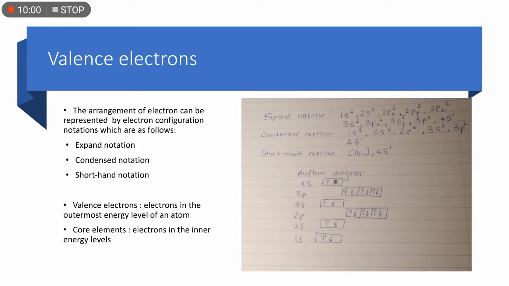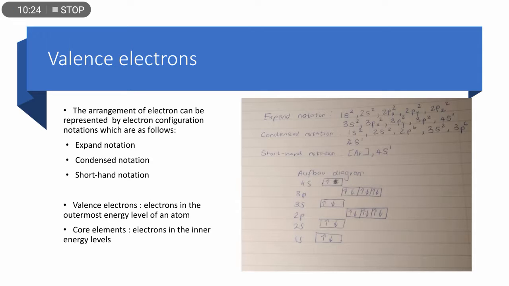Okay, as you can see, the expanded notation is more expanded, and it gives the electrons in much more detail on how they occupy their orbitals. Then we go to condensed notation.